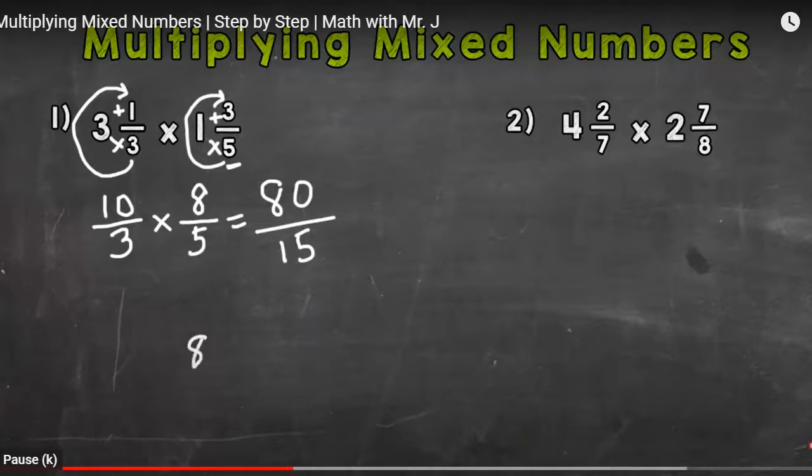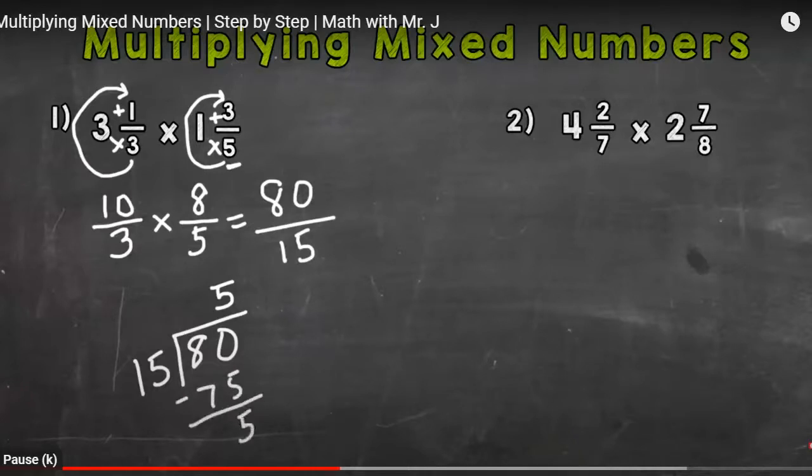So I'm going to come down here to the bottom and do a division problem. Some of these you'll be able to do mental math, some you might need to write out. So I know that 15 times 5 is 75. That's how many whole 15s I can pull out of 80. So 75 here, and my remainder is going to be 5.